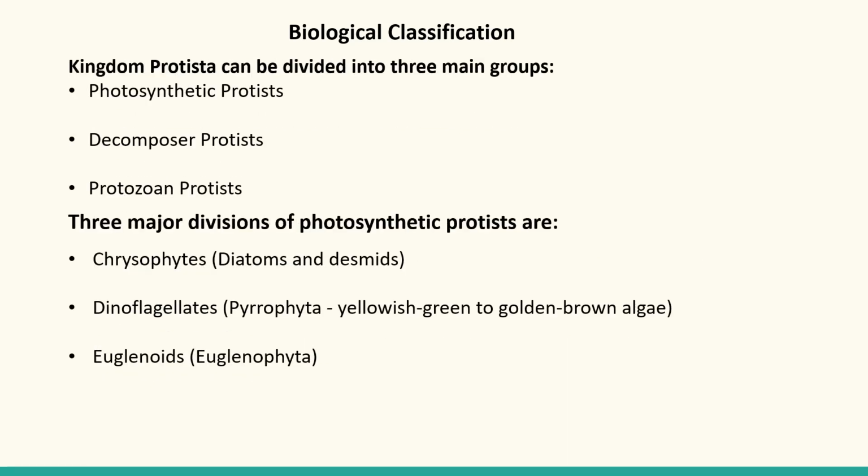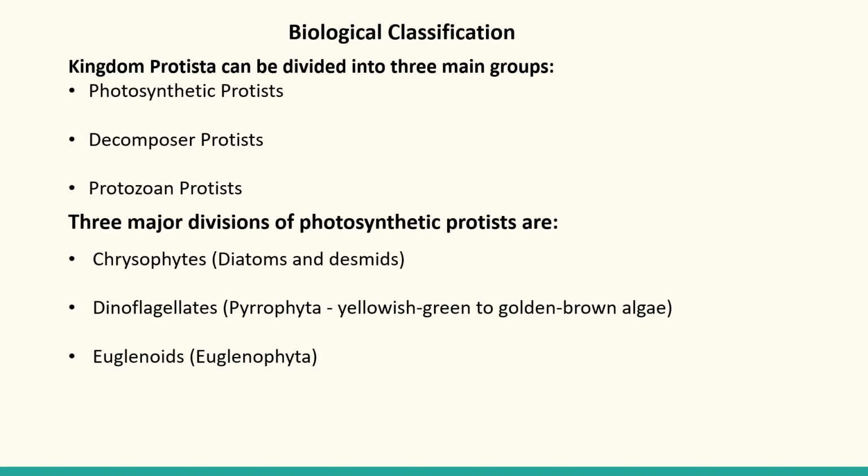Kingdom Protista can be divided into three main groups. Okay, so three different groups they can be placed in. The whole organism of Protista can be photosynthetic protists, decomposer protists, or protozoan protists. So depending on the type of organism, these three classes or groups have been divided.